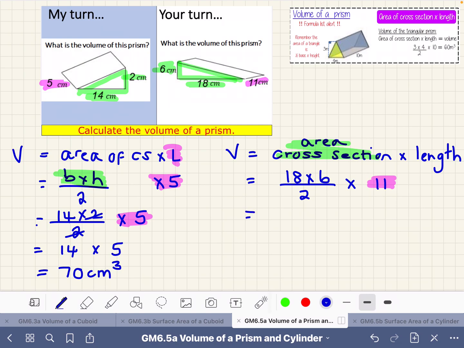We have 18 multiplied by 6 divided by 2 gives us an answer of 54. We multiply that by 11 for the length, which gives us a volume of this shape as 594 centimetres cubed.